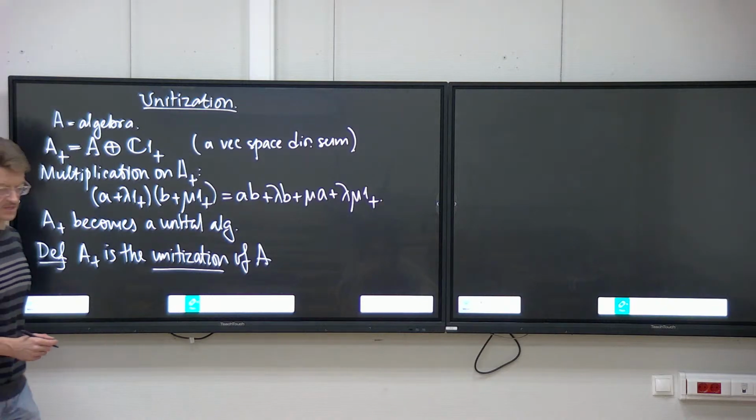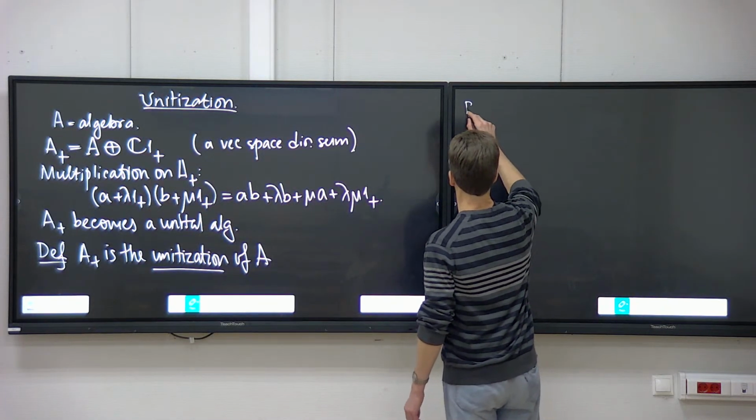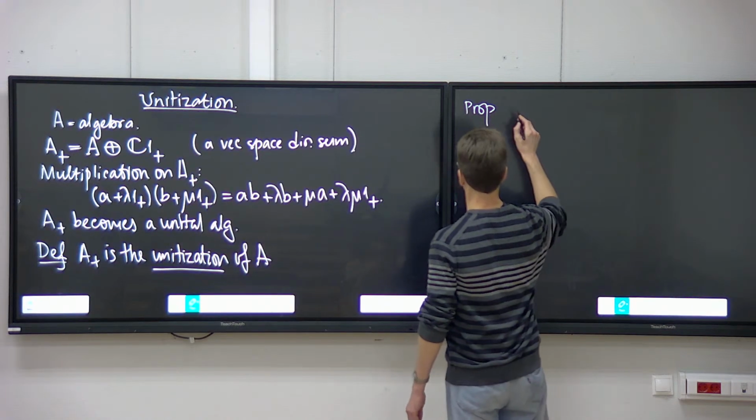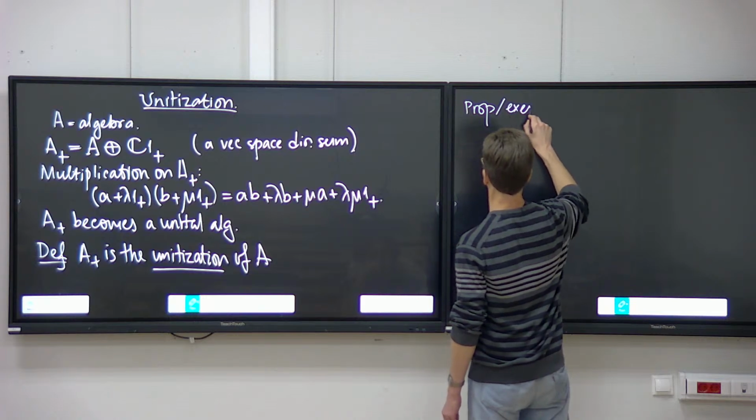The unitization has the following simple universal property. The following proposition. Well, let's call it proposition exercise 1.